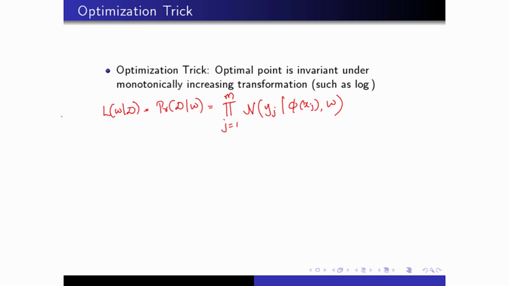we are interested in maximizing the likelihood. But what we note is that a monotonically increasing transformation, for example logarithmic transformation of L, will lead to the same optimal point, the point of maximum, as the original objective.